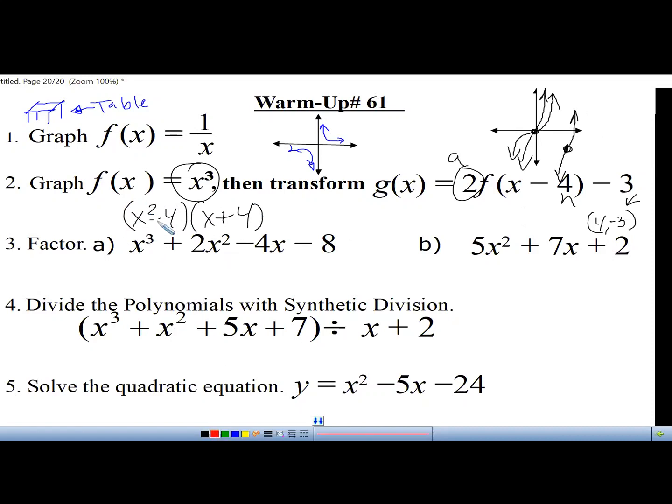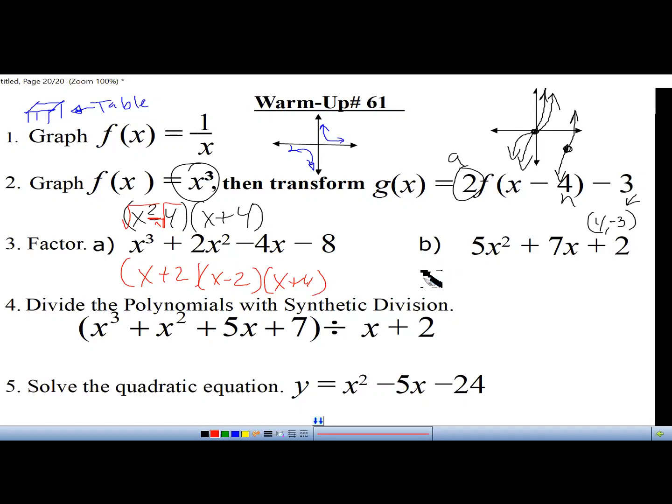Whenever you have a binomial with a subtraction like this, and it has a square or an even number exponent, see if you can take the square root of both terms. And if you can, x and x, square root of 4 is plus 2 and minus 2, then you can. This is a difference of squares. That's why we are able to factor it again and bring down the x plus 4 to my factors.